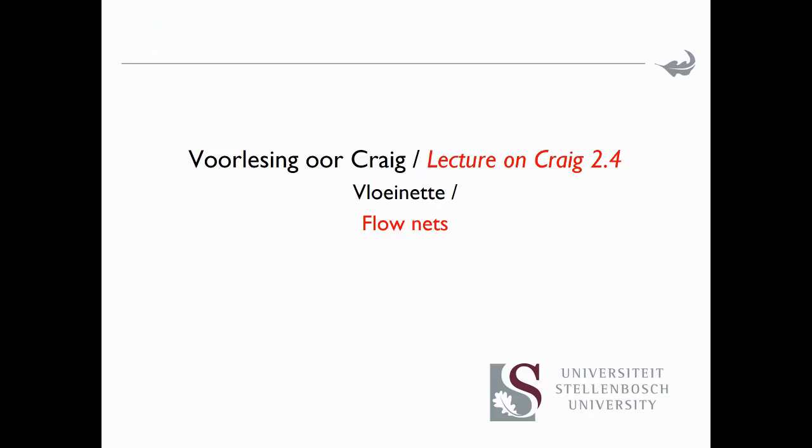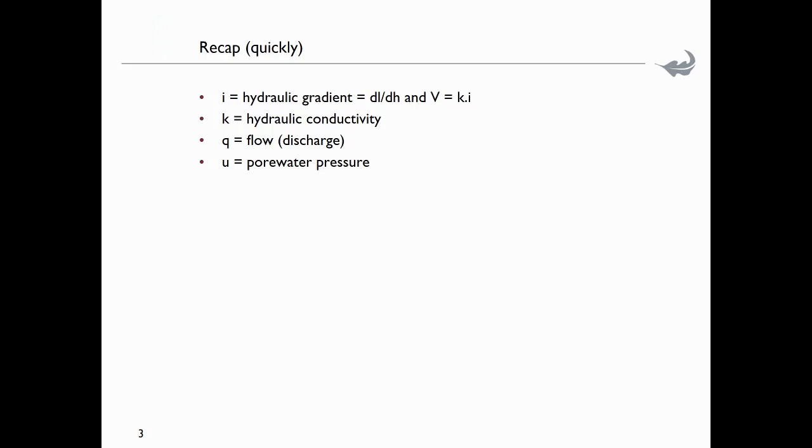And then I also made available some internet material that is also very useful to understand flow nets. Flow nets look complicated and difficult in the beginning, but in general they're actually very easy and very useful.